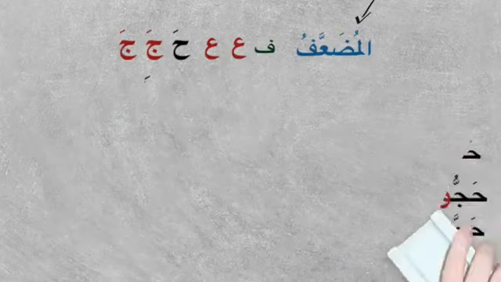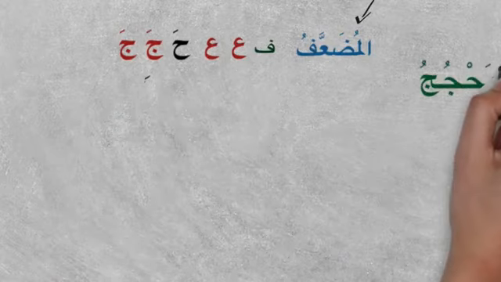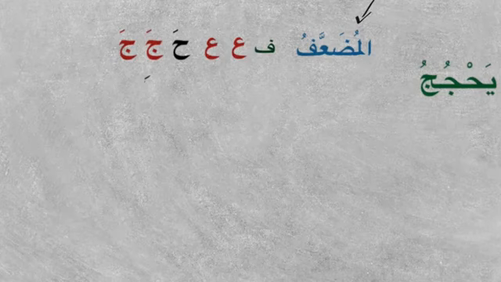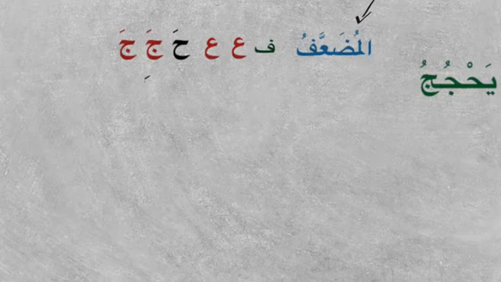So if we take away this and go to Mudari', Mudari' becomes again very interesting if you see. Most of the Muda'af are Bab Nasara. Nasara yansuru. So if it is yansuru, it has to be yajuju.